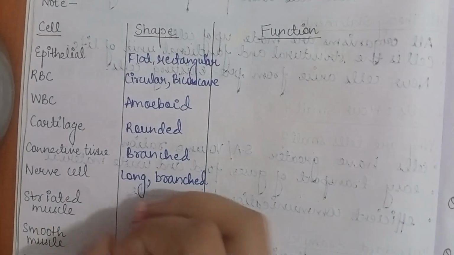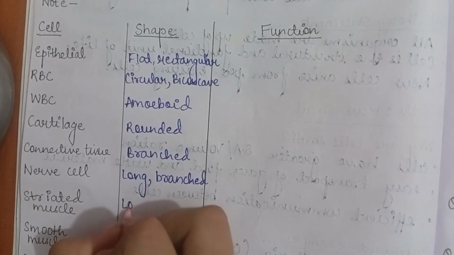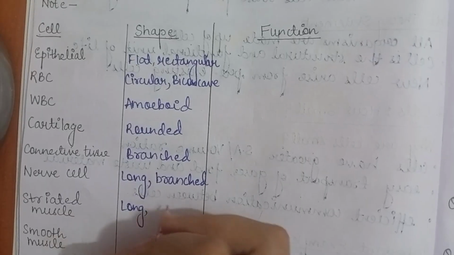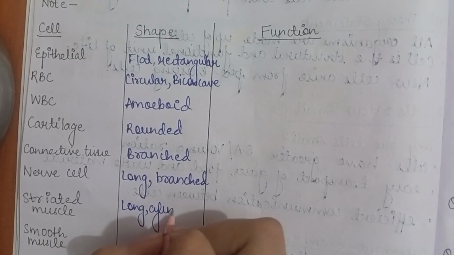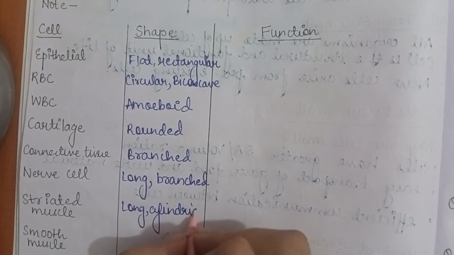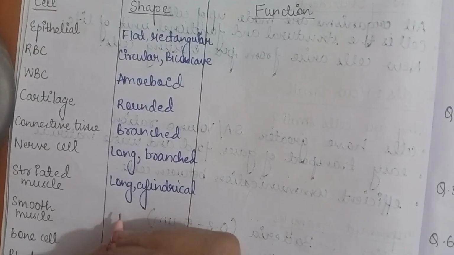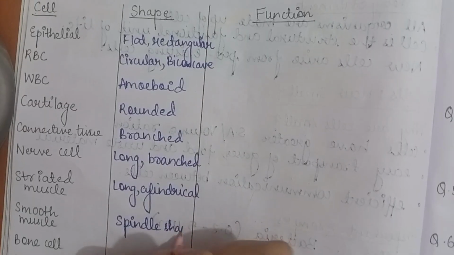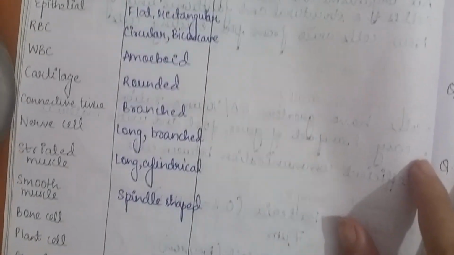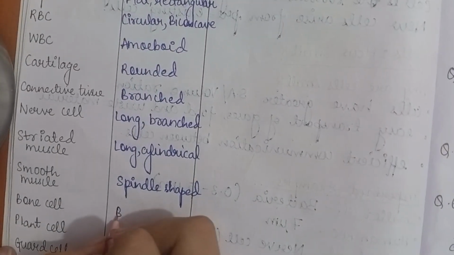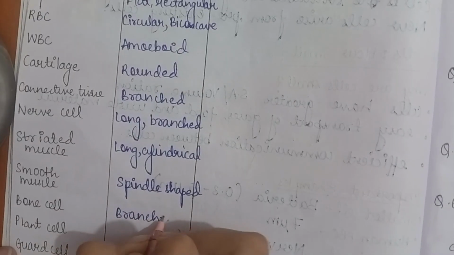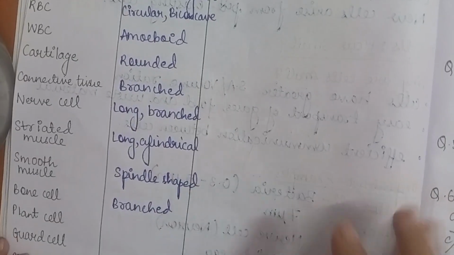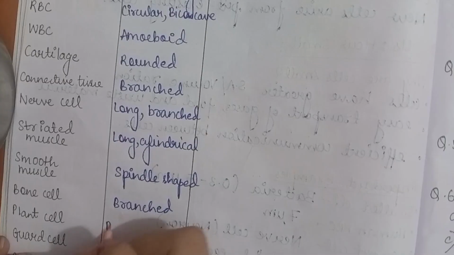Then striated muscles, they are long and cylindrical. Then smooth muscles are spindle shaped. Then bone cells are branched. Plant cells are rectangular.